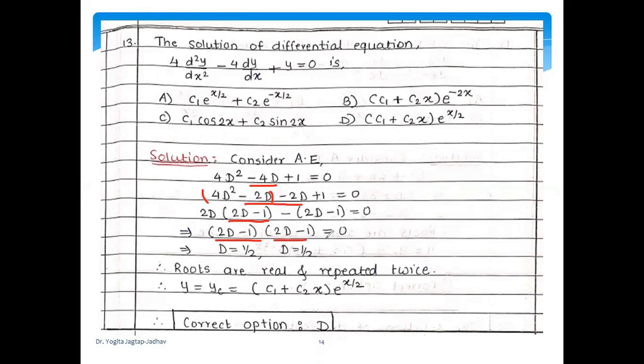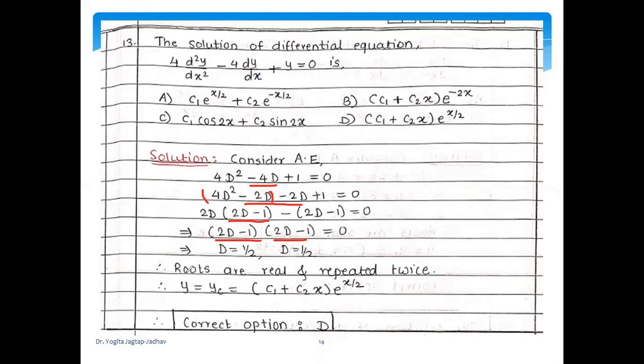Just by equating these two terms with 0, we get D = 1/2 and D = 1/2. Here again we are getting a real and repeated root. The root D = 1/2 is repeated twice.